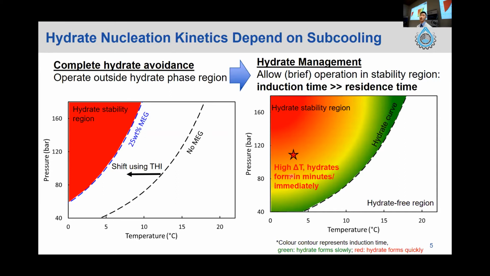That's a very high driving force for your hydrate to form. So hydrate might form in minutes or immediately, boom, it just formed. But let's say your pipeline just penetrates by a little bit, so you have a very low driving force, low subcooling. Hydrate may take hours or days to form.